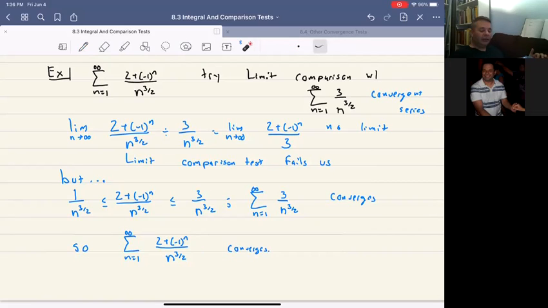Now we might be tempted to try to compare it with the sum of 1 over n to the 3 halves. And that's not quite going to work, because since this is convergent and it's less than the series we're comparing to, it doesn't tell us enough. It's so tempting, and there are often times when you really want that to work.